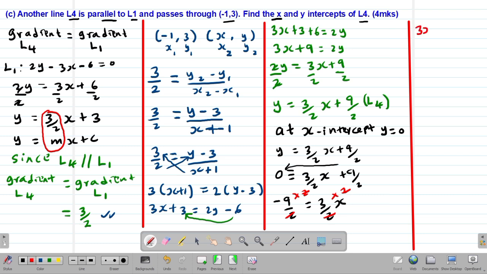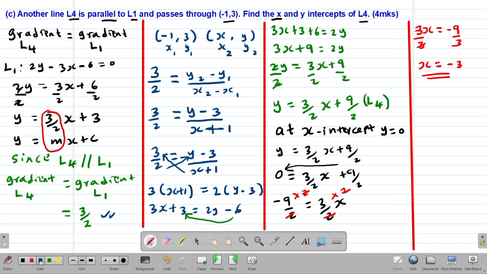Then I'll divide through by 3, I also divide through by 3, so that my value of x will be equal to -9/3, which is -3. Therefore, this is what we are calling the x-intercept.